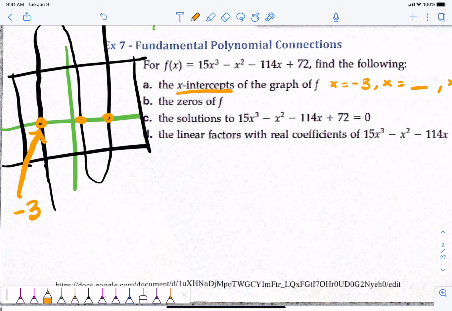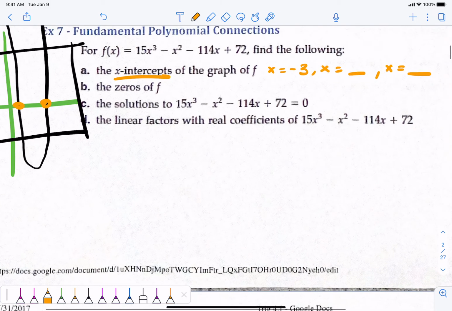It's going through -3 exactly, is it not? The other ones I don't know. No, it's not crossing 3 exactly. It looks like it's crossing 2.5. Okay, so I see it crossing really nicely at -3. Let's divide the -3 off.